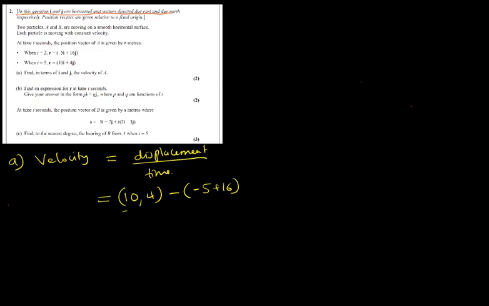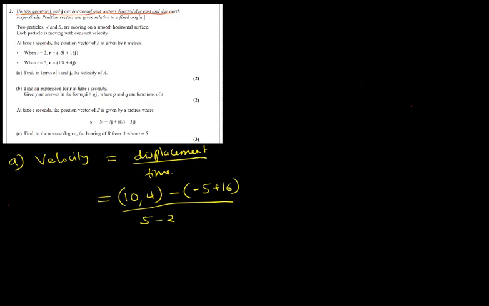So part A, we know that velocity is given as displacement divided by time. So for our velocity, we have the displacement, which is the change in position, that is 10, 4, I mean, when you write 10i plus 4j, you can write it as 10, 4, then minus the initial position, when t is 2 seconds, which is -5, 16, then divide by the difference in time, that is 5 minus 2.